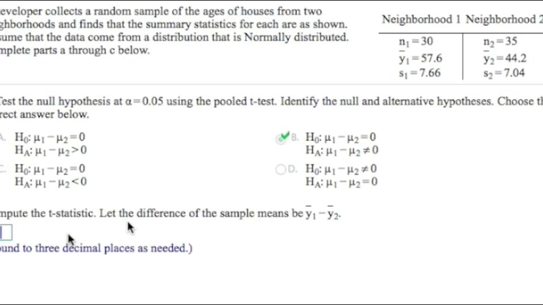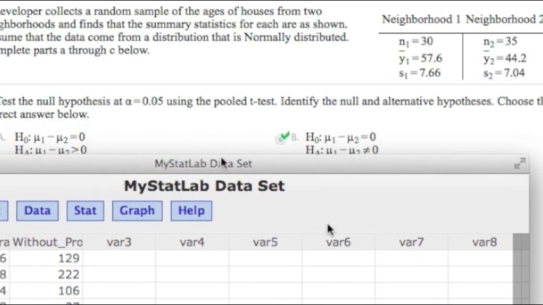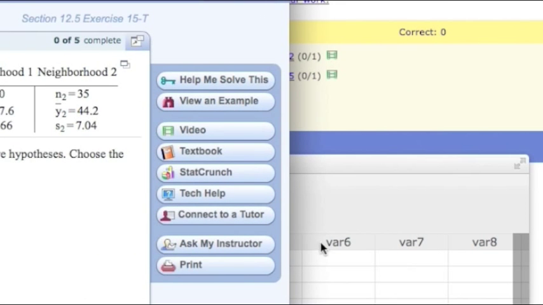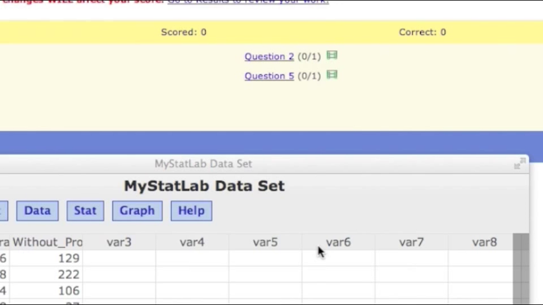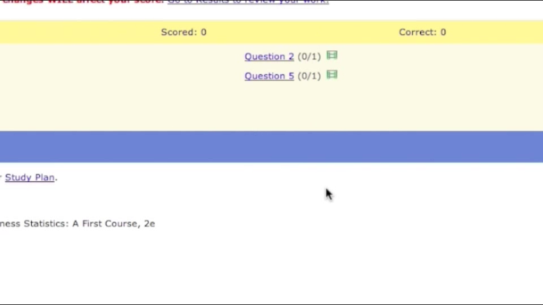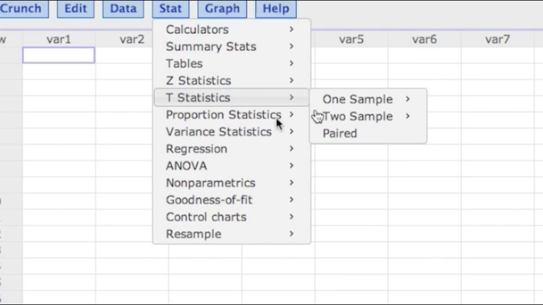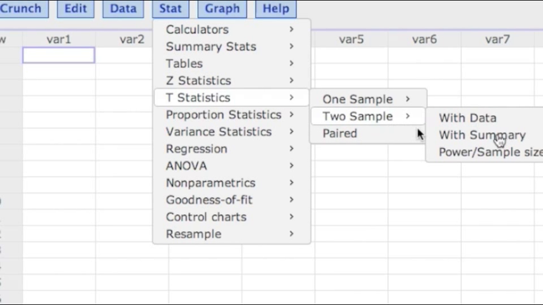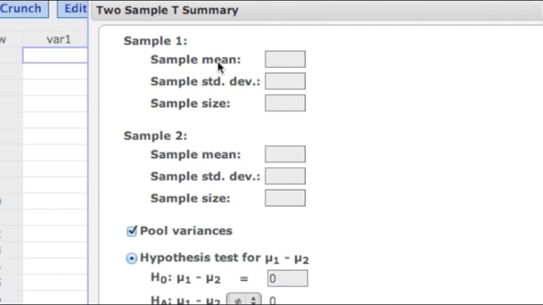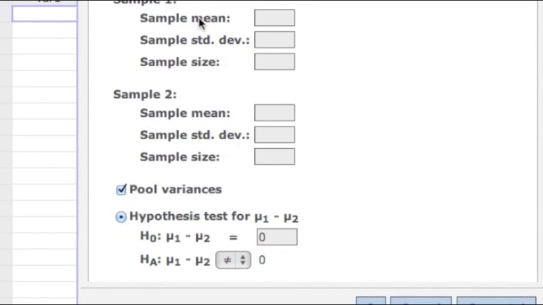Alright, so we are asked to compute the t statistic. Let the difference of sample means be y1 minus y2. We're going to be using StatCrunch for that, so let's go ahead and bring StatCrunch in. Stats, click on t statistic. It's a two sample test, and we do have the summary, so we are going to be entering the data.